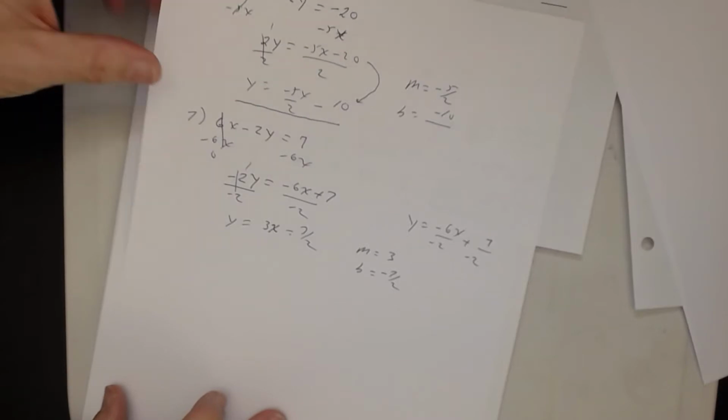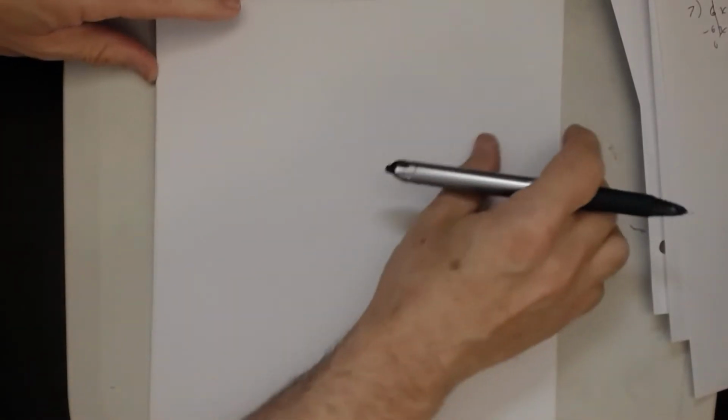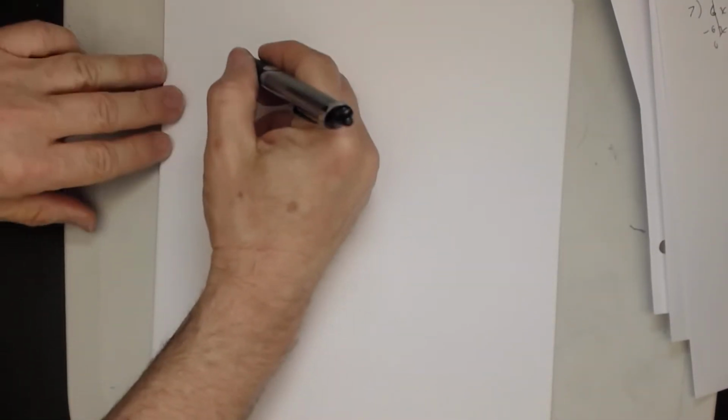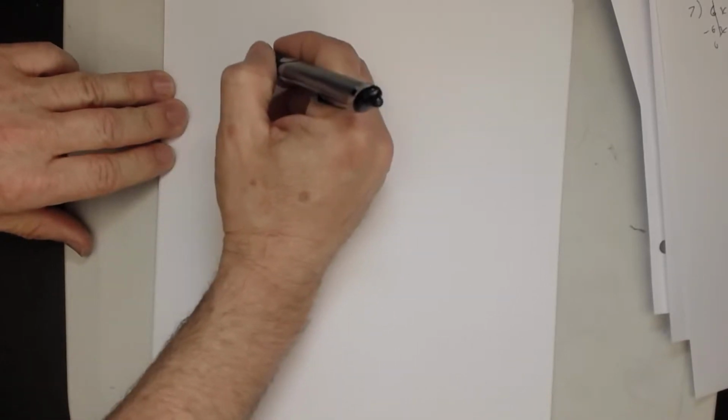All right, now, you also learned from that worksheet that if you have parallel lines, and this is still section 10.4, all this was section 10.4.